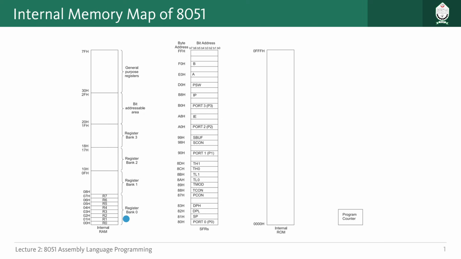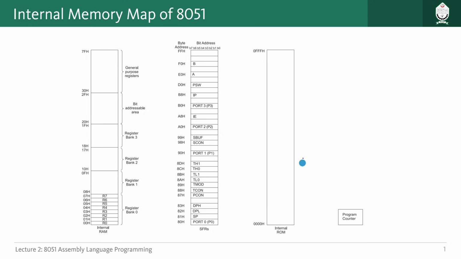The physical location of each of the registers can be in different places. That doesn't depend upon the address of these particular registers, right? As you can see, we have a lot of registers here, so we will look at some of them in this lecture to understand how they work.